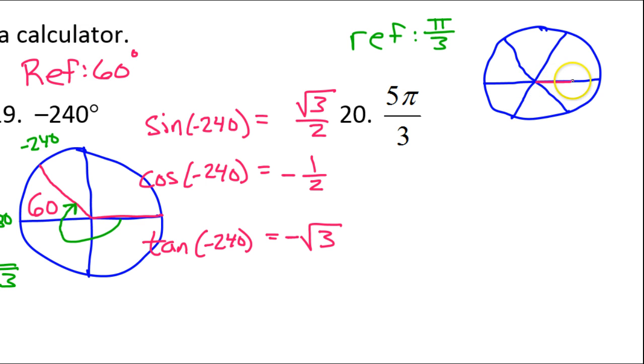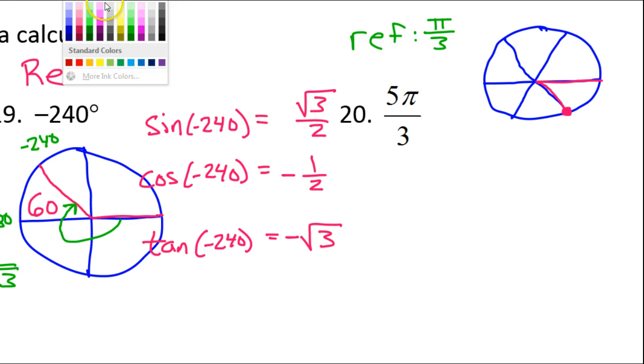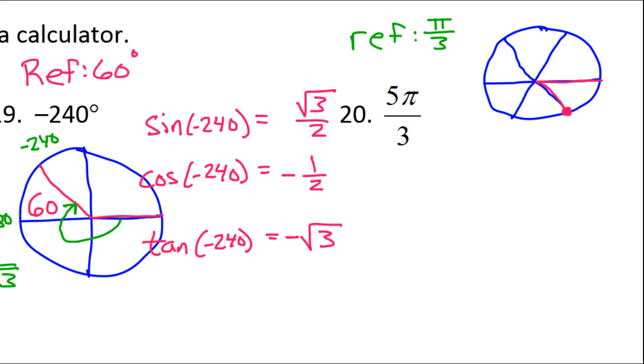So if this is the initial side of some angle, 1, 2, 3, 4, 5 pi over 3 would be right here. Alright, so we are in the 4th quadrant. So keep that in mind.